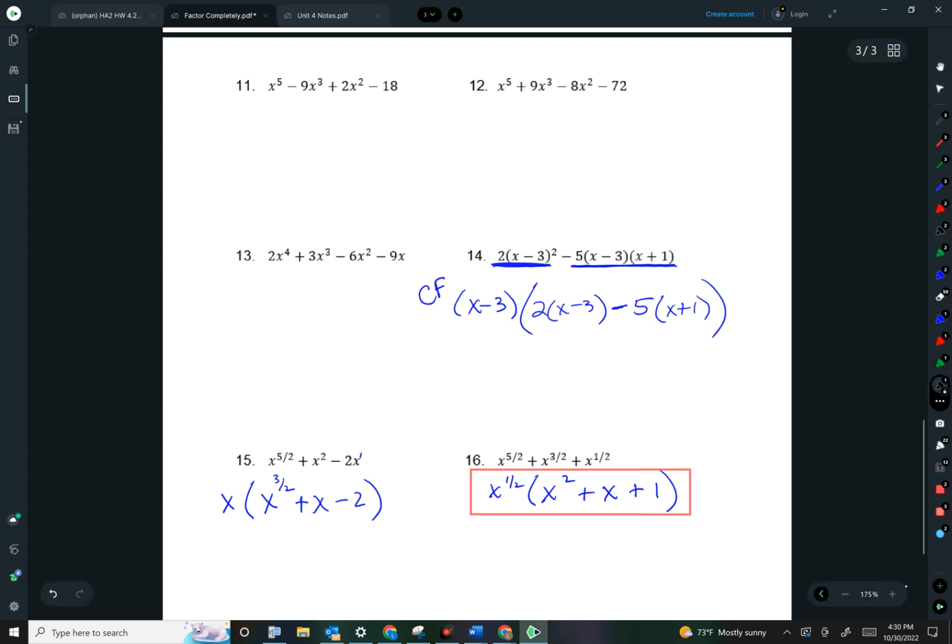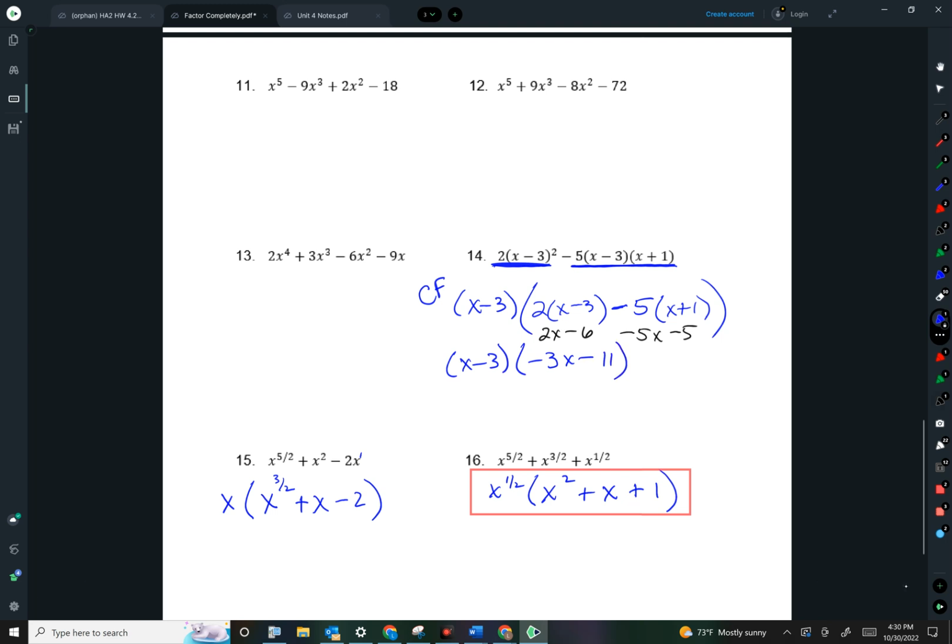If I simplify this, I'm going to have 2x minus 6, distribute the negative 5, so minus 5x minus 5. So that means my first parenthesis over here is x minus 3. And this second one, 2x minus 5x, is negative 3x. Negative 6 and negative 5 is negative 11.